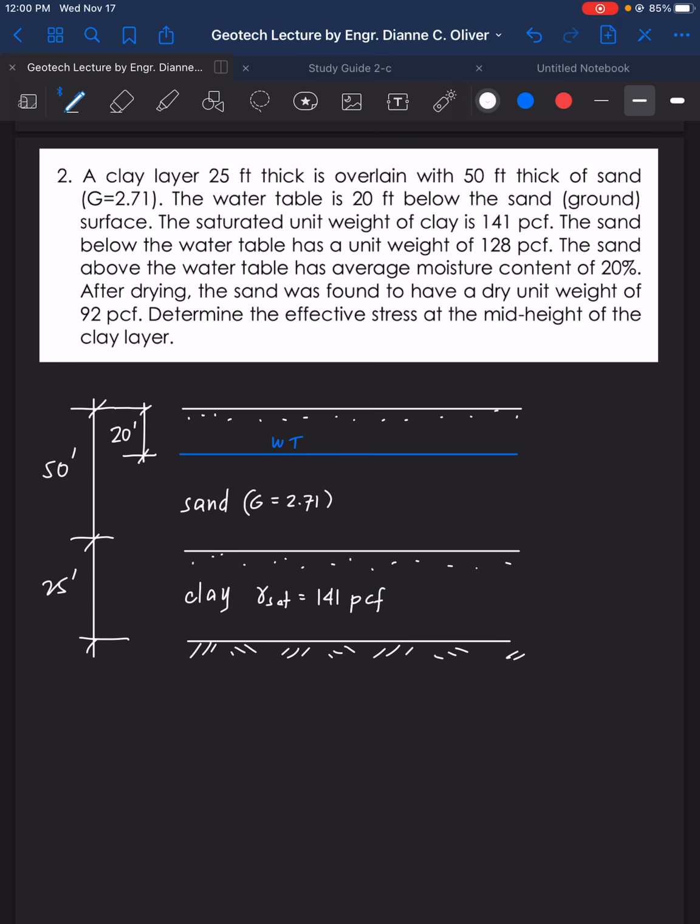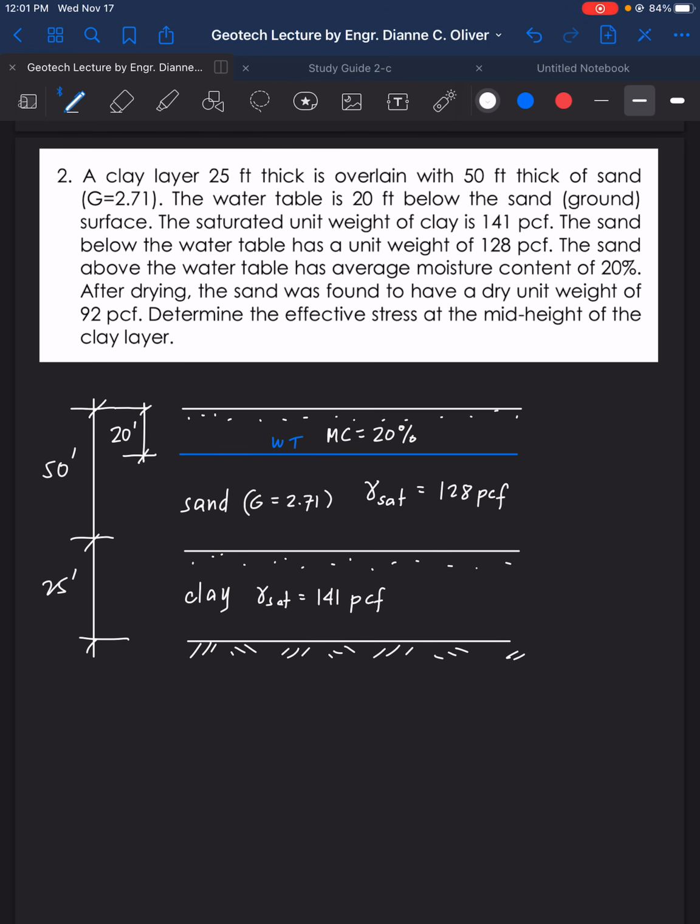The water table is here, and then the sand below the water table has a unit weight of 128. Therefore, we can conclude that it's talking about gamma sat of sand, 128 PCF. The sand above the water table has average moisture content. Of course, remember capillarity. So that means there is moisture above this water table, and it is 20%.